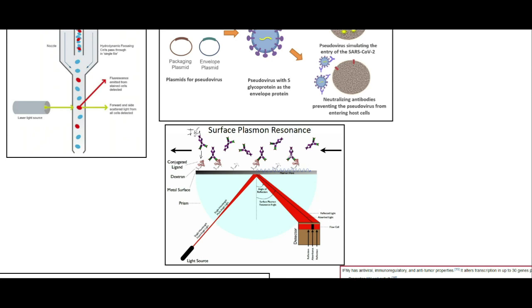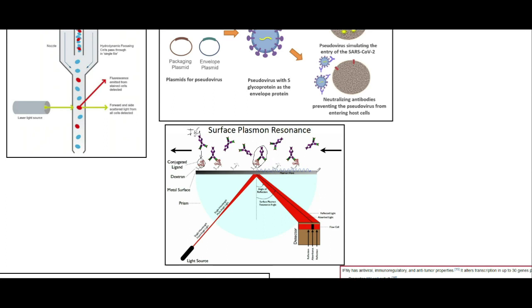But the principle is the same, and so then you actually shine this light on it, and depending on how much bound versus unbound protein, so we have our unbound here and we have a bound here, will change the angle at which the light reflects off of this surface.